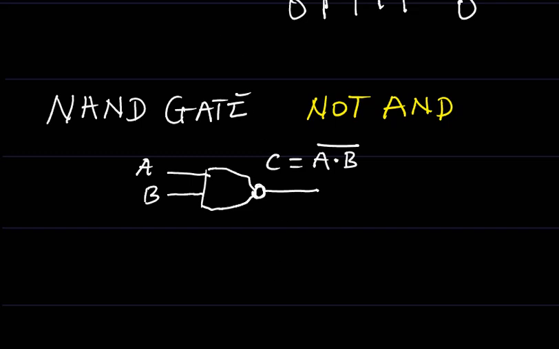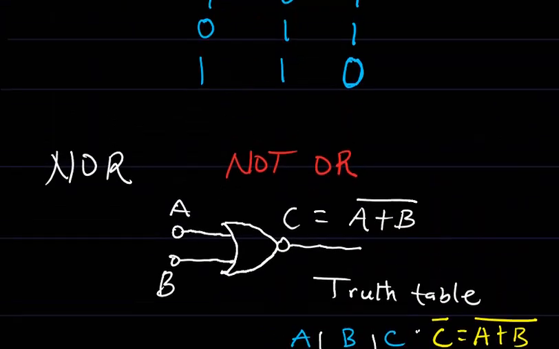I'm very sure that you can draw the truth table of this. It is going to be the same truth table as the AND gate, but the output is complemented. So please take note of all these logic gates.